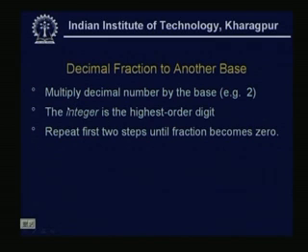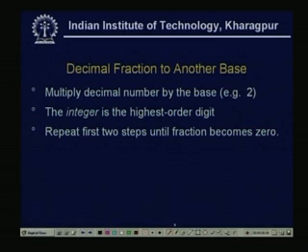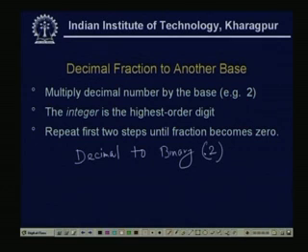So, what will be the general rule? The general rule is to multiply the decimal number by the base. Again I am considering this for decimal to any other number system, say binary, then this is for 2.